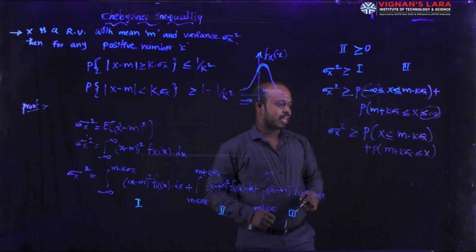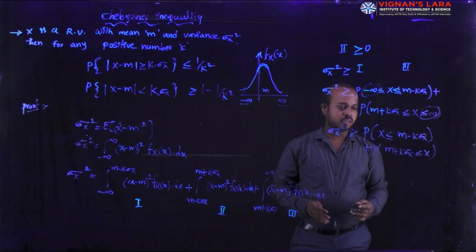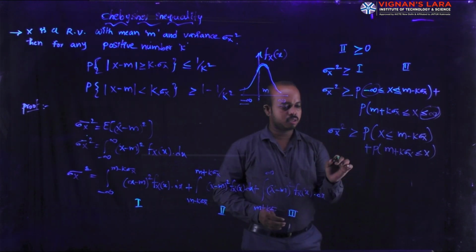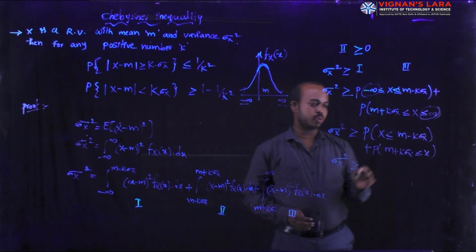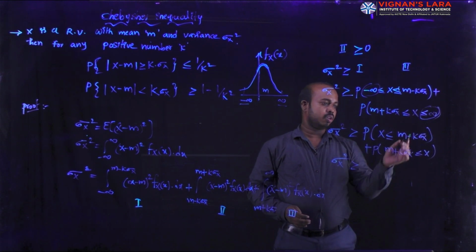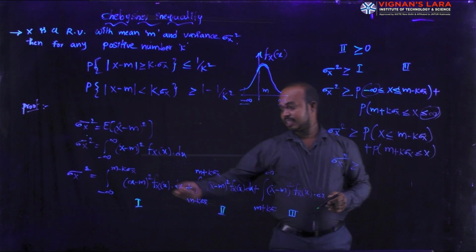In this, you can move the terms, changing the positions. You can write sigma_X square greater than or equal to, and here you move the m term to the other side, because we need the term x minus m.